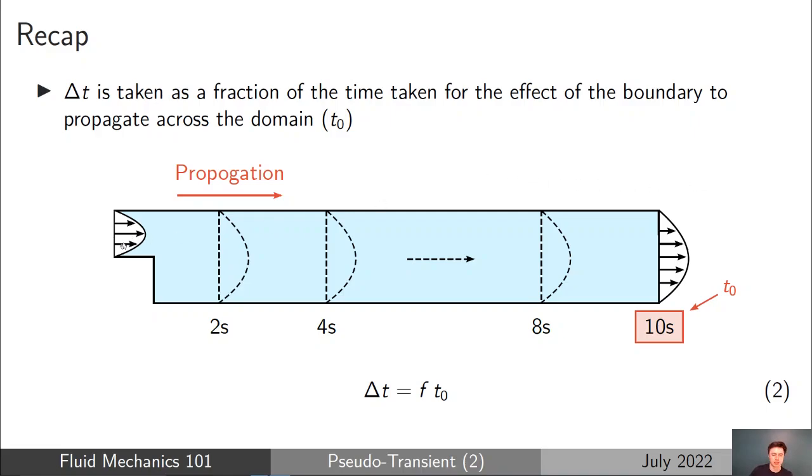What we do is try and calculate a representative time for the effect of the boundary to propagate across the domain. In this case, just for this example, if the effect of that inlet takes about 10 seconds to propagate across the domain, then we can take a fraction of this propagation time and use that for the pseudo time step delta t.